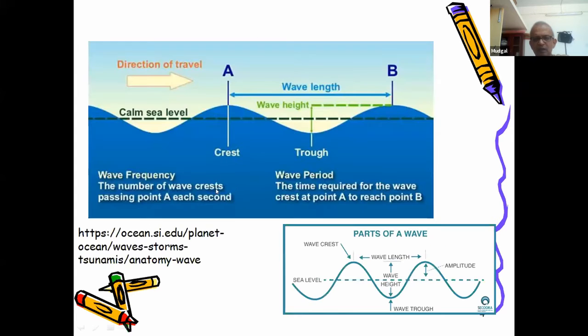Now, if you look at a general wave in the deep sea, the dotted chain line gives you the calm sea level. Due to wind action, the surface is disturbed, and there is an imbalance between the surface tension and the gravity.